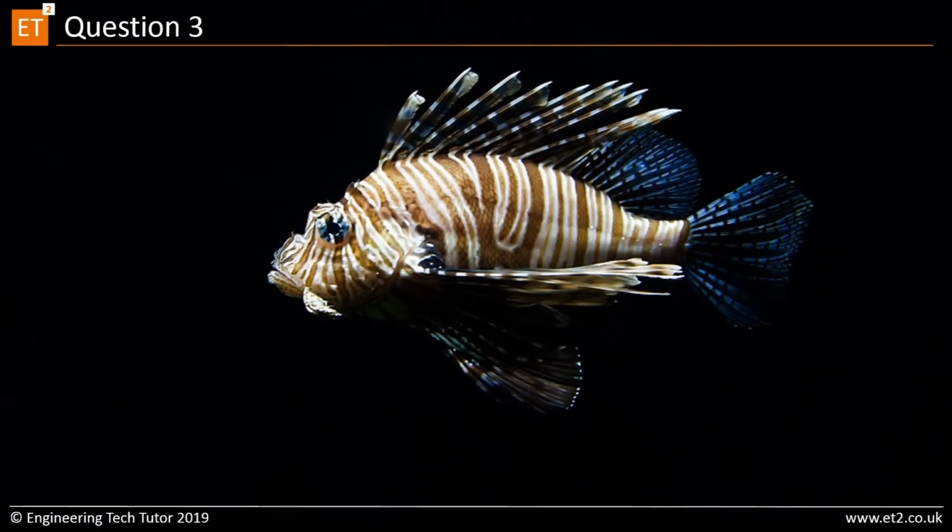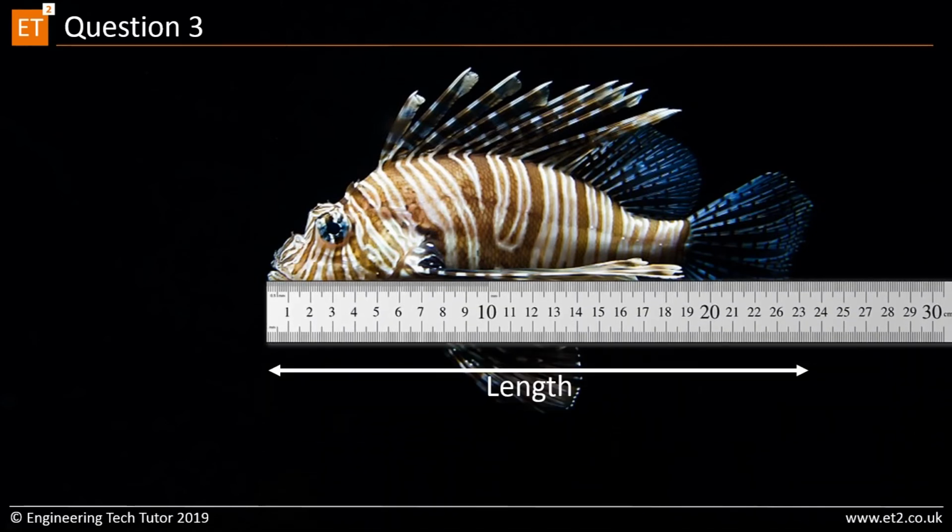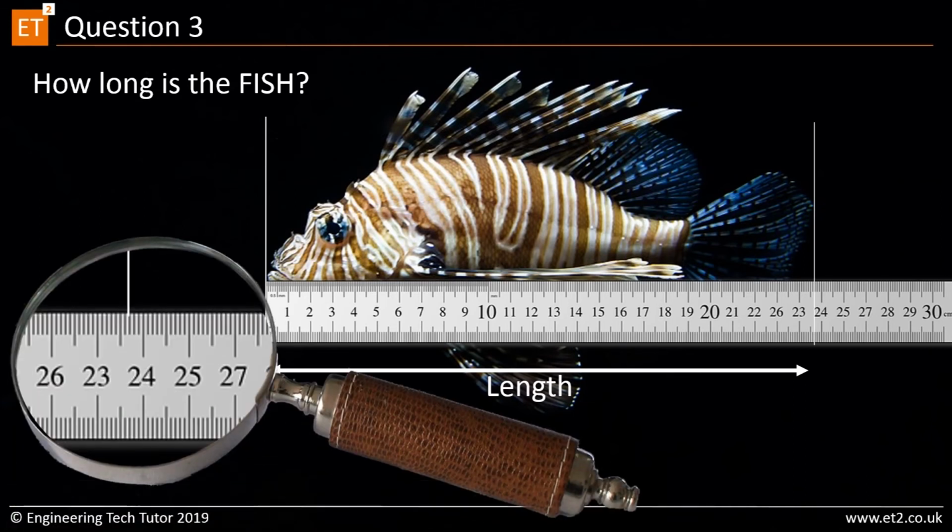Question number 3. What an amazing looking fish. We need to measure its length. How long is the fish? Let's look closely. We need to measure from its mouth to the end of its tail.